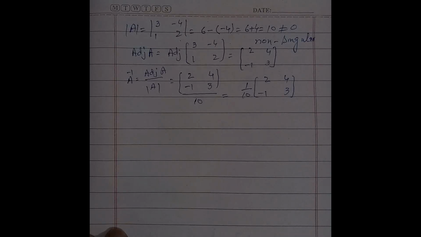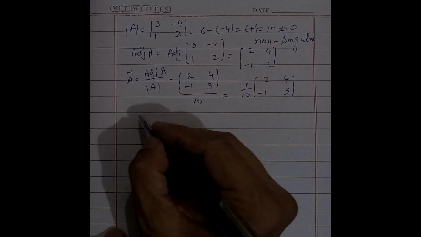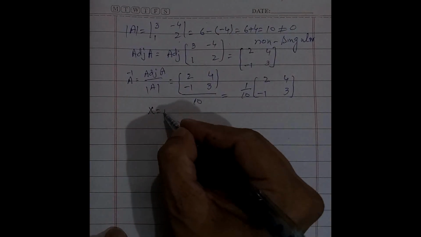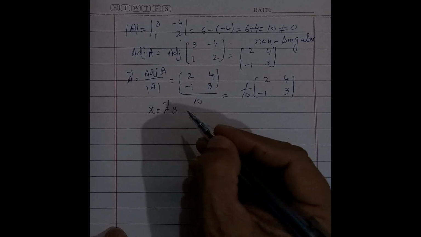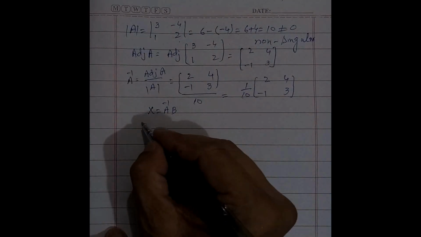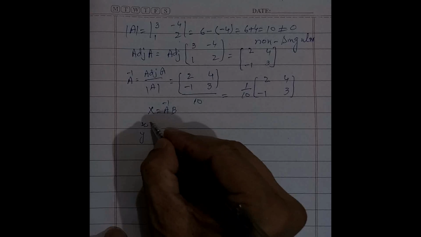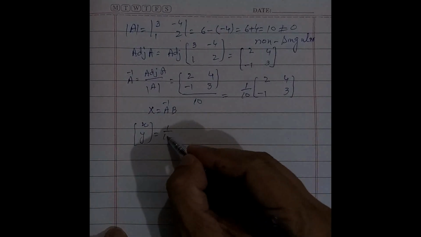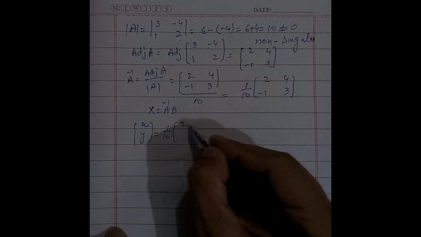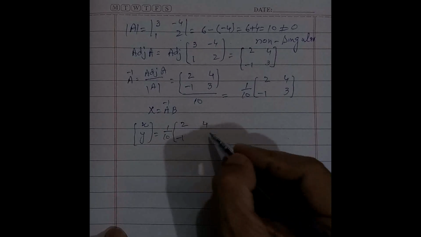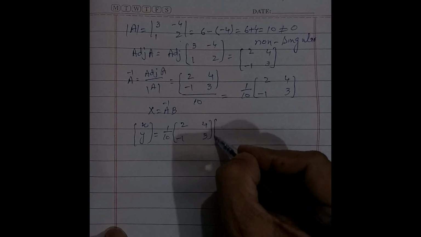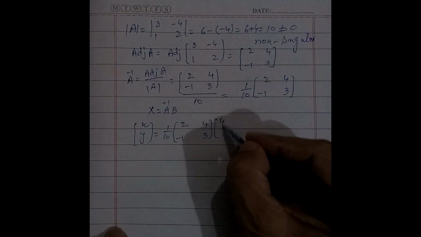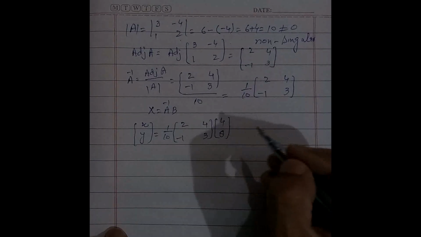Now we put the values of A inverse, x and B in the formula. We get x is equal to A inverse B. The elements of x are x and y, and A inverse is equal to 1 over 10 into 2, 4, minus 1, 3, and B is 4 and 8.